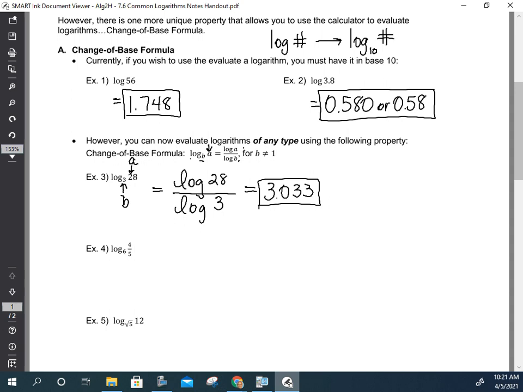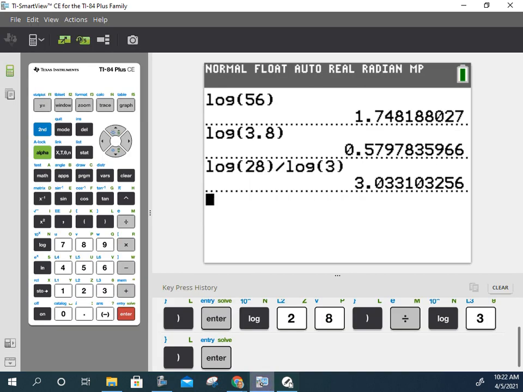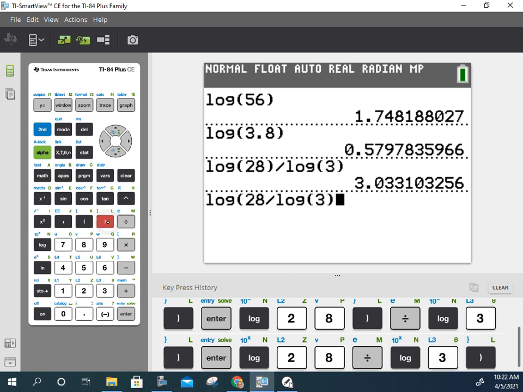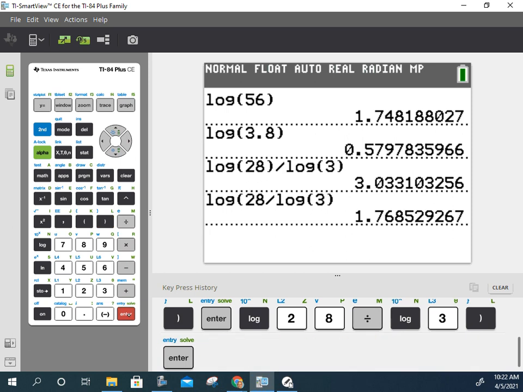Now, let me address these two things because it is very easy for some people to get lazy doing this type of problem. Notice that I open the parentheses, close the parentheses. Do not get lazy solving the problem. For example, suppose you don't close that parentheses. There's your answer. That doesn't match up. So if you choose to do it that way, guess what?